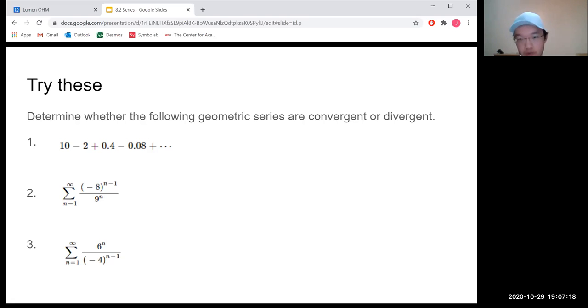Where are you transferring to? I meant with these example problems, but that's okay.